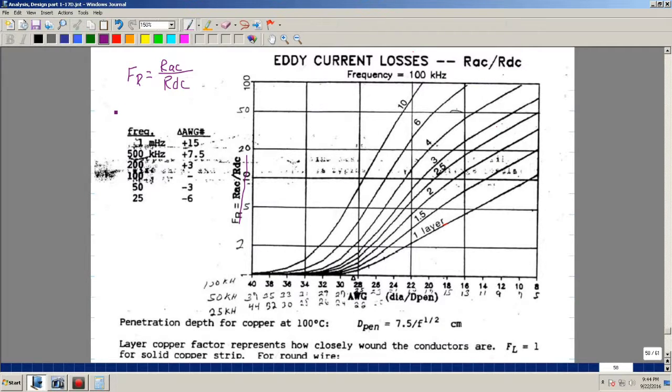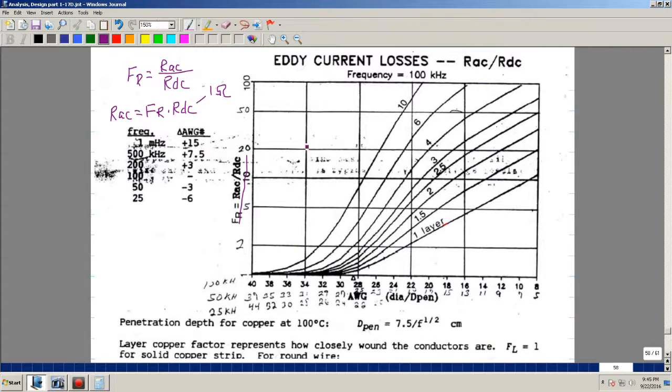Well, if you solve for RAC, you'll see that FR is actually a constant multiplier. So let's assume the wire has a DC resistance of 1 ohm, just to make it easy.